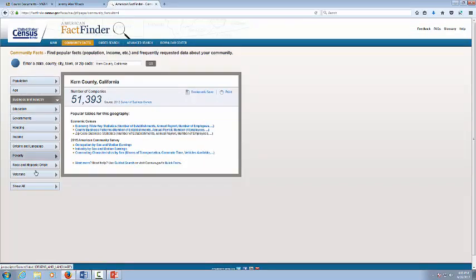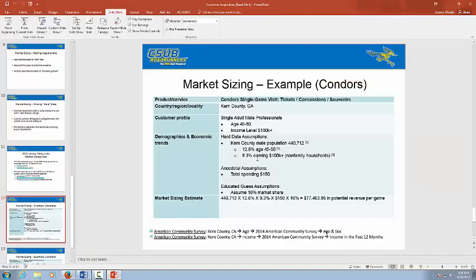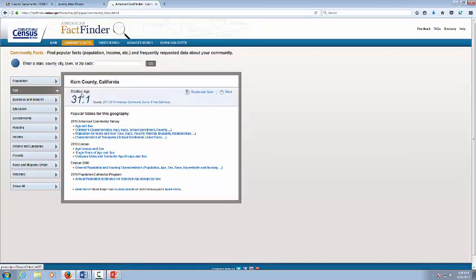And this gives me all kinds of information about Kern County. So if we go back here, I wanted information on male versus female, age, and income level. So if I go back to Kern County here, the information on gender is usually contained in the age section.